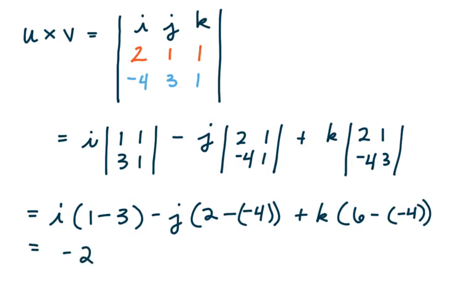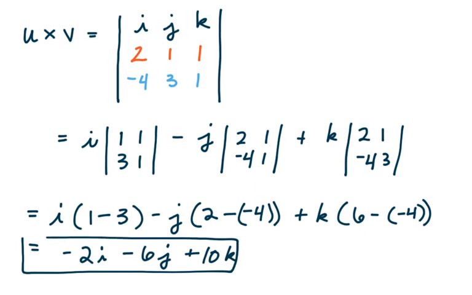So this is negative 2I minus 6J plus 10K. This represents the cross product. This vector is normal, or perpendicular, to both U and V.